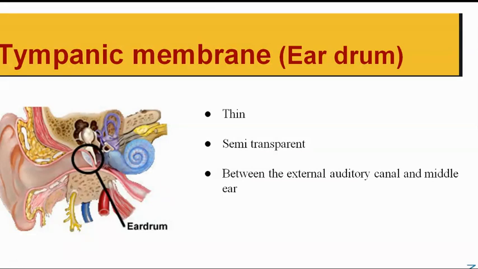The tympanic membrane is composed of connective tissue covered with skin on the outside and with mucous membrane inside. So here, this is the one which is composed of the connective tissue, and this is covered with the skin outside, and on the inner side, that is this side, you can see the presence of mucous membrane.